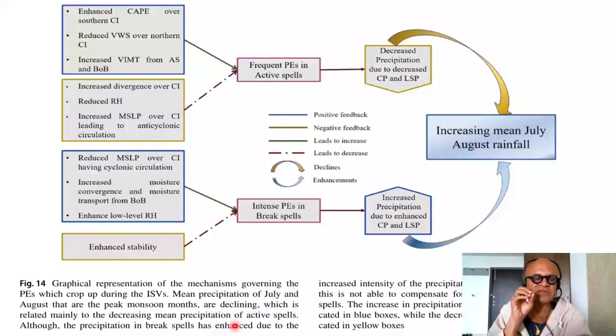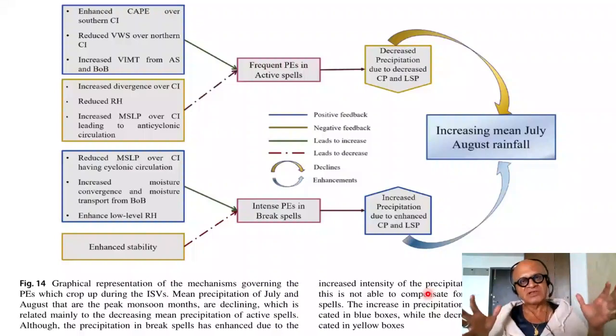Here the argument is that the number of precipitation events during active periods are increasing, but the total rainfall is decreasing. So the trend in seasonal rainfall is coming from active spells precipitation drop, although the precipitation in break spells has enhanced due to increased intensity of the precipitation events falling in break periods.